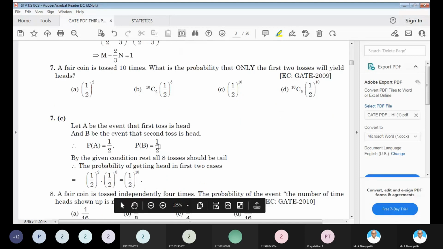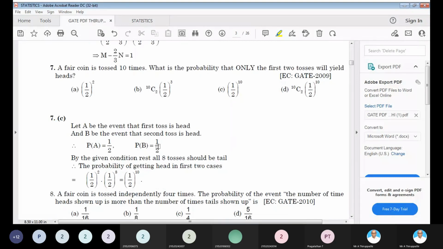First two successes, first two heads. That is totally how many times? 10 times. 1 by 2, 1 by 2, 1 by 2. Here both have equal probability. You can use the binomial distribution, or you can use it directly. So the probability of head is 1 by 2 and the probability of tail is 1 by 2.